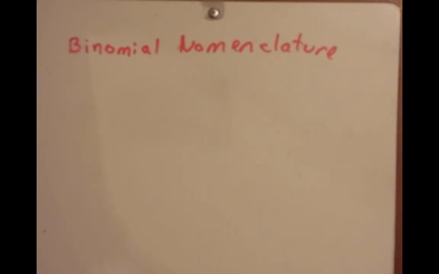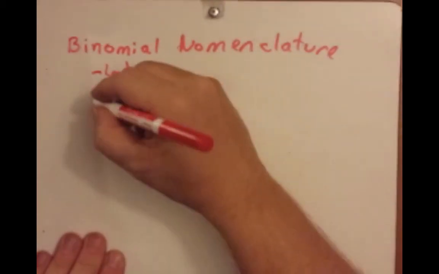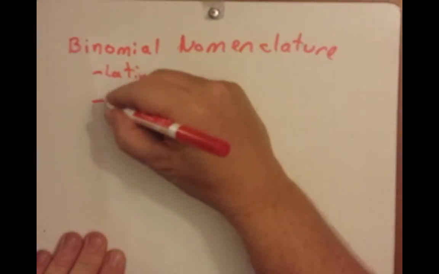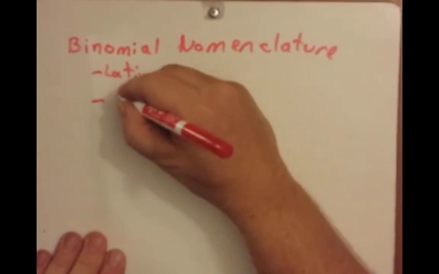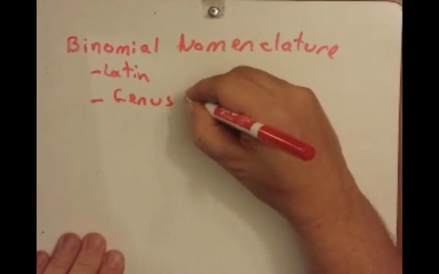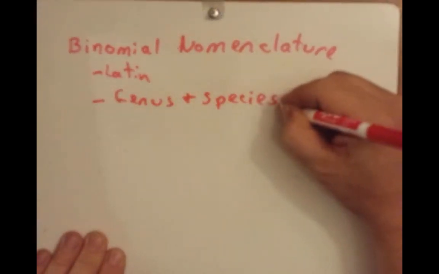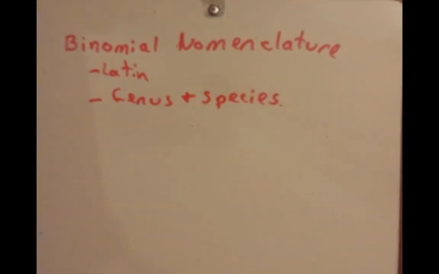However, when scientists want to know specifically what kind of organism we're going to refer to, we always use the Latin name of that organism. So we always use Latin. And the Latin name, we only refer to that in what we call the genus and species part of that organism's classification.